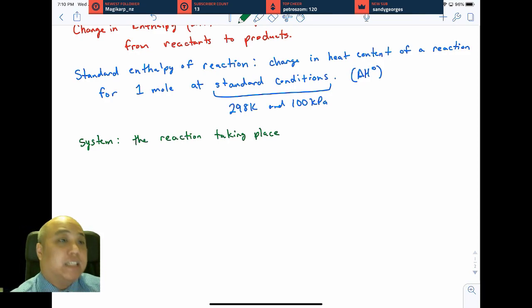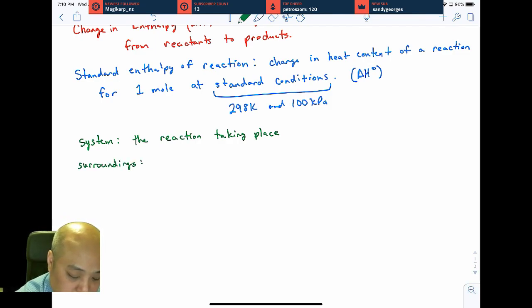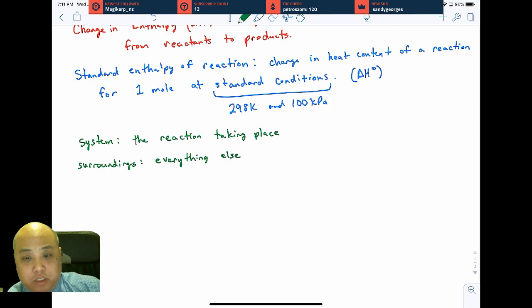That's the only thing that's included in the system. The surroundings is essentially everything else. That's the air, even the water that the reaction is taking place in, if it's a solution reaction. All of that is the surroundings.